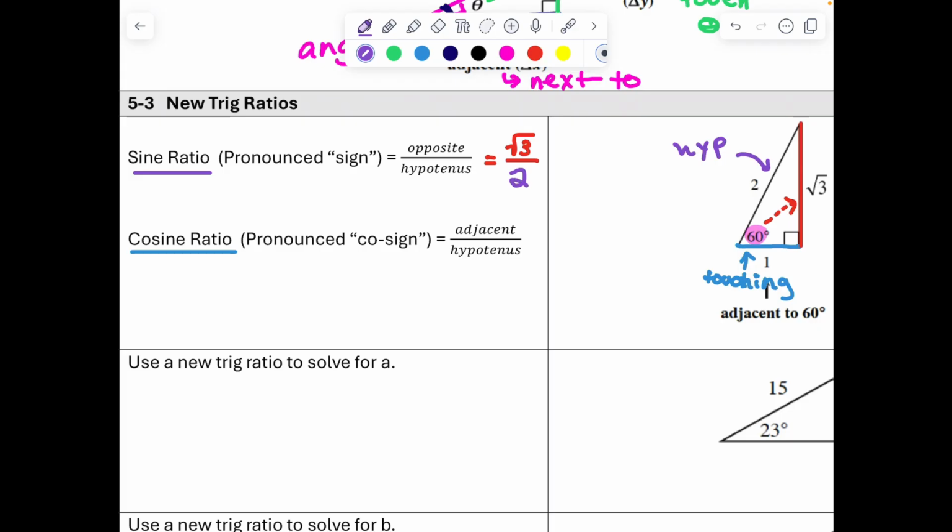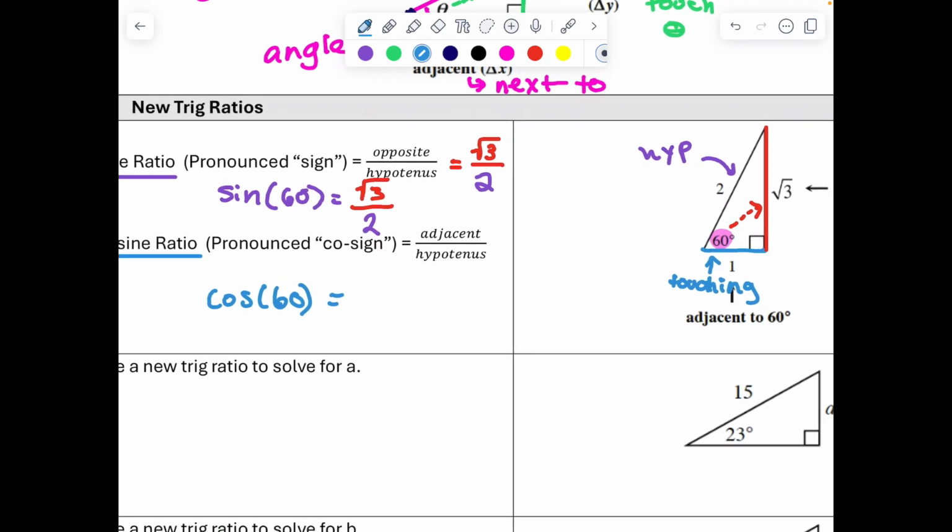So that would be the sine of 60 degrees is equal to the square root of 3 over 2. And then the cosine of 60 would be the adjacent side is 1 and the hypotenuse is 2. Okay, so that's kind of how we'd set this up.